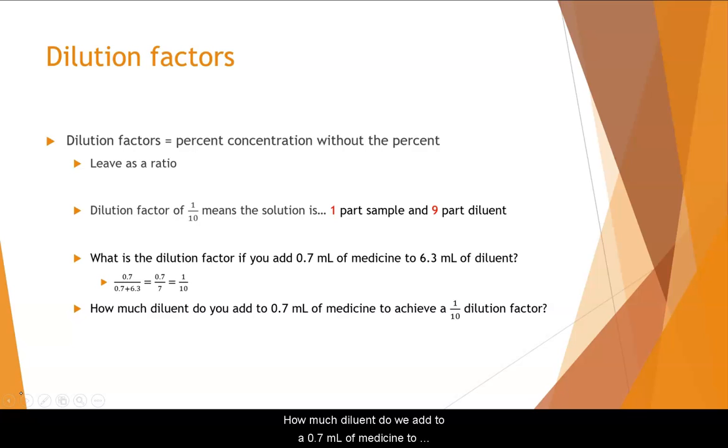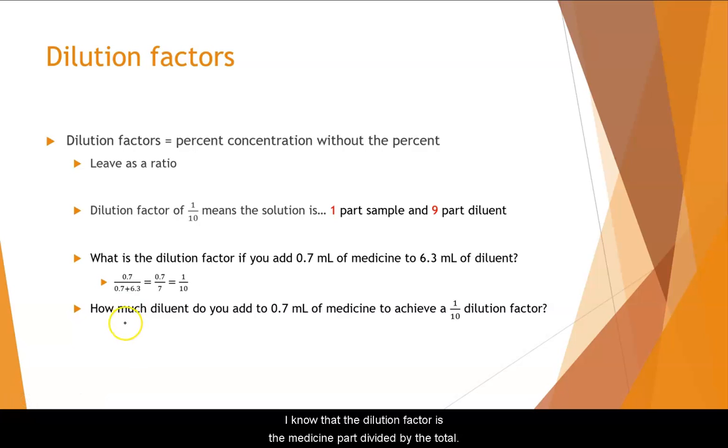How much diluent do we add to 0.7 milliliters of medicine to achieve a 1 in 10 dilution factor? I know this is the question we just did, remixed. I know the answer is going to be 6.3 milliliters, but let's go through the steps.